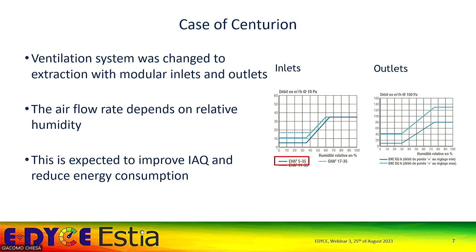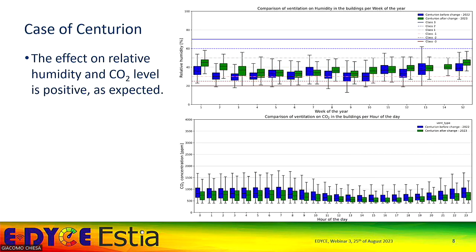So when we look at the effect of this change on the indoor air quality, and we look at the first graph, which is the relative humidity during the different weeks of the year of 2022 in blue and 2023 in green, we see an improvement.